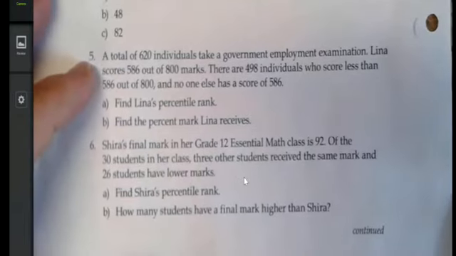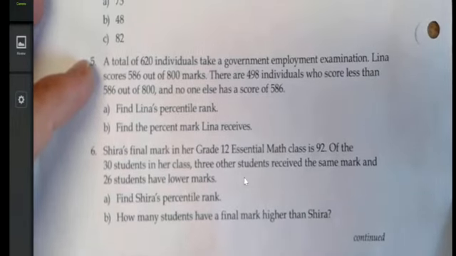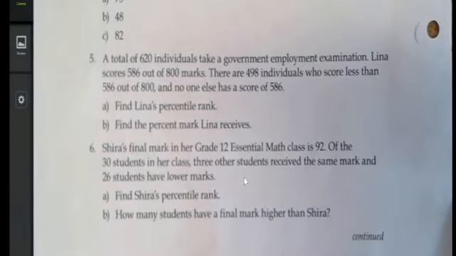A total of 620 individuals take a government employment examination. Lena scores 586 out of 800. That's her percentile rank. There are 498 individuals who score less than 586, and no one has a score of 586. Find her percentile rank.